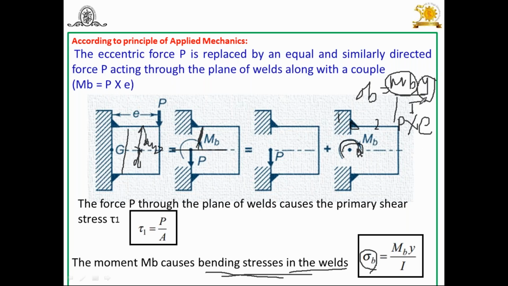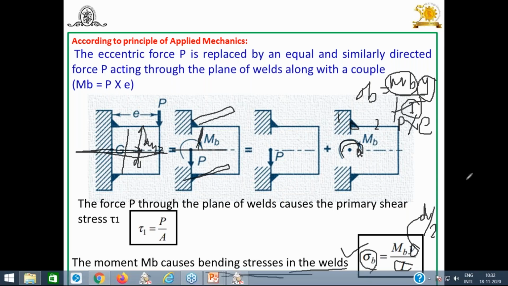Total is D, so D by 2. And I, the moment of inertia, we have to find about the x-axis. About the x-axis, try to understand, because here 2 welds are given. That we have to find out about the x-axis. Y, you will get the value Y is equal to D by 2 if you refer to the earlier figure, and I we have to find out in this case. Then you will get the sigma B or bending stress.